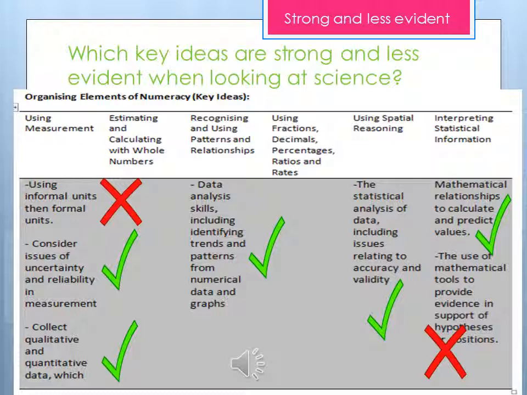Yes, the statistical analysis of data, including issues relating to accuracy and validity. Yeah, and mathematical relationships to calculate and predict value. So that means we have 2 left, and what do you think they are?